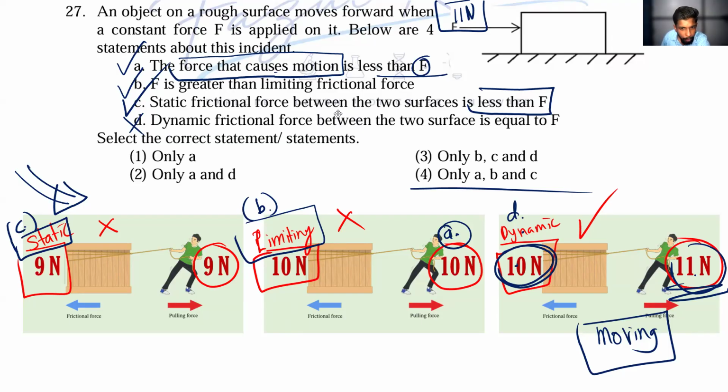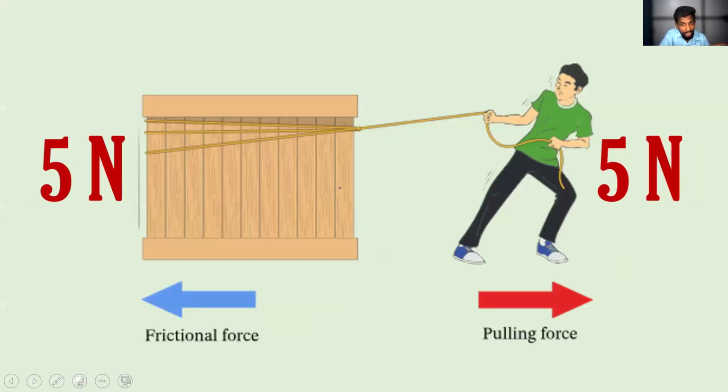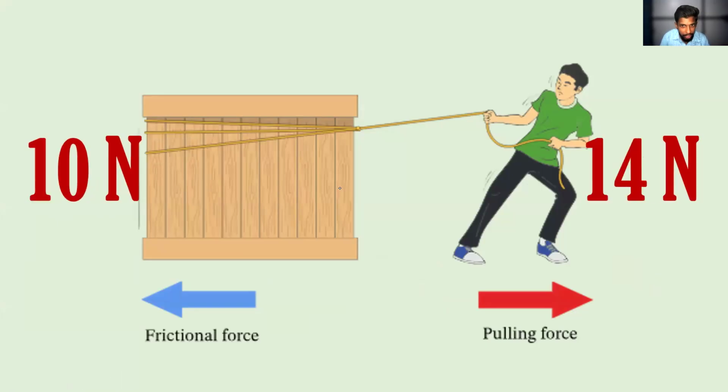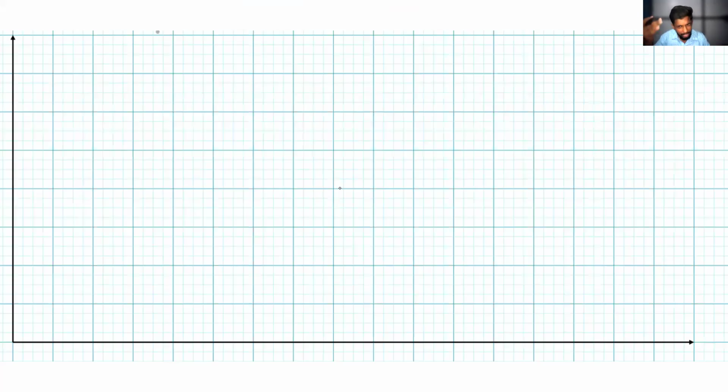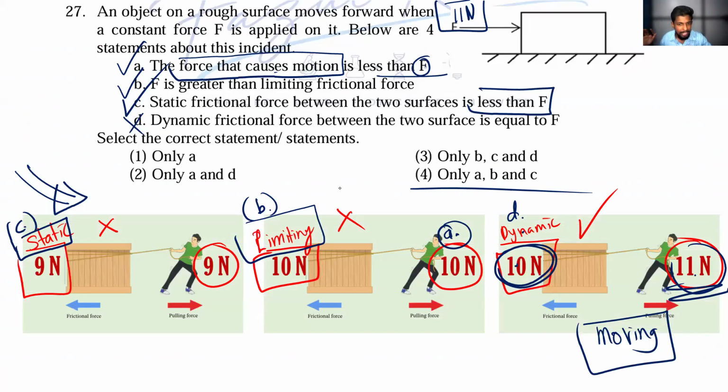How did I take 11 Newton from the previous example? I told you a big story when I started the class. That's why I took it like that. According to your need, you can take any amount, any number, any values. But from that example, I explained.